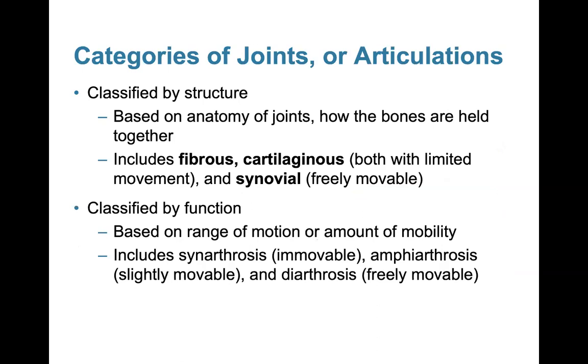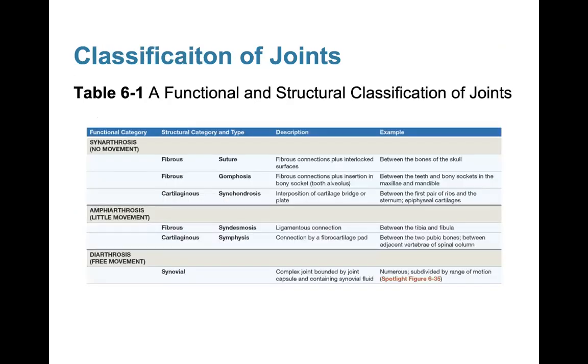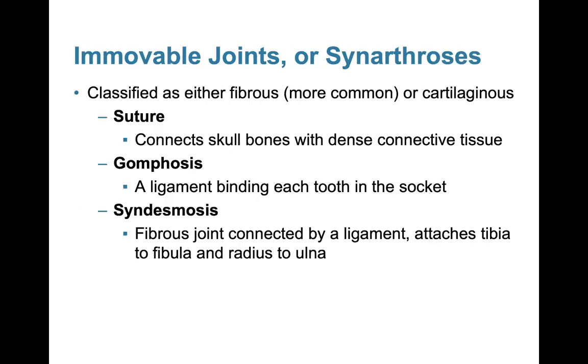And then they can also be classified on their function. Are the joints synarthrosis, which means they're immovable; amphiarthrosis, which means they're slightly movable; or diarthrosis, which means they are completely movable. And this is just a table that summarizes the different structural and functional classifications of joints.